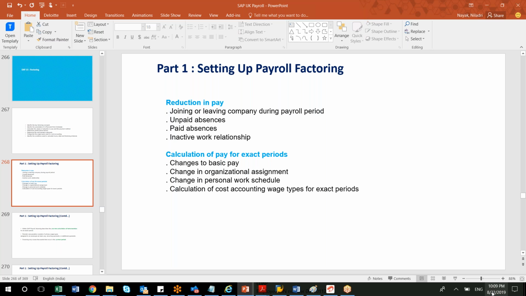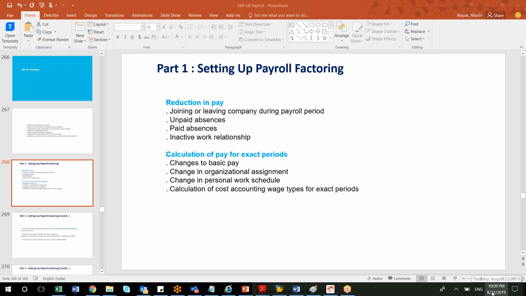Similarly, whenever a person leaves the company in the middle of the month, his salary will be recalculated according to the date during that particular payroll period. Similarly, we have unpaid absence and paid absence. In all of these cases, if there is any reduction in pay, payroll factoring will work out.